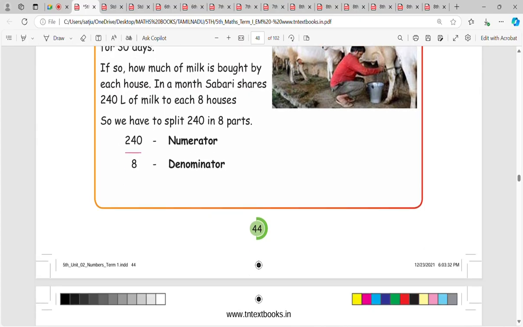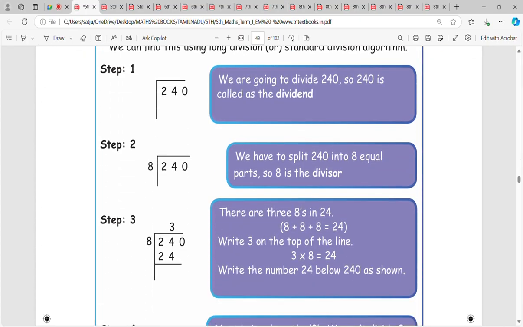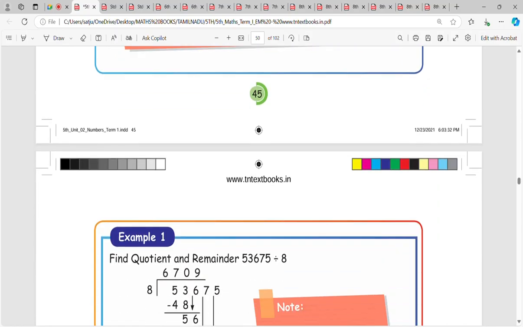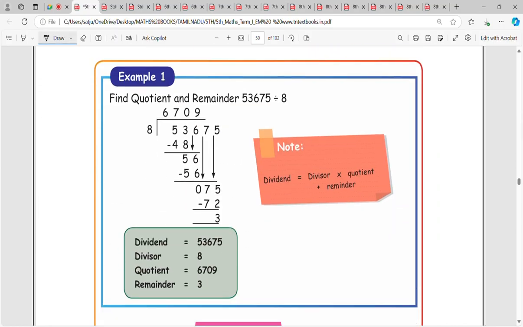Yes, guys, we have seen this division algorithm. Those who learned number system can know what is meant by the division algorithm. I taught you this division algorithm. 5 3 6 7 5, that is the dividend.